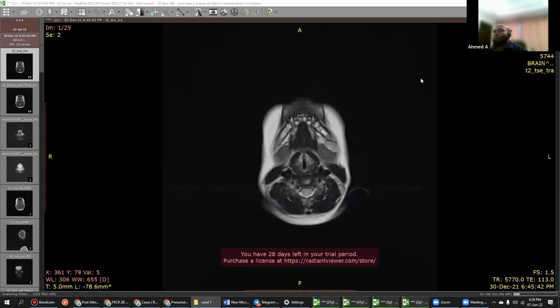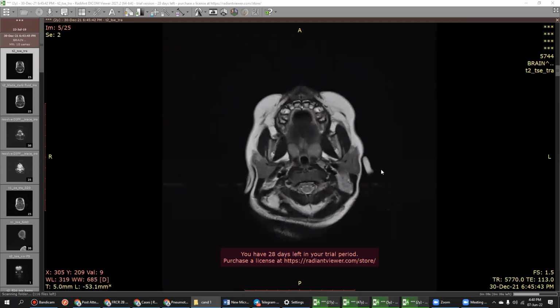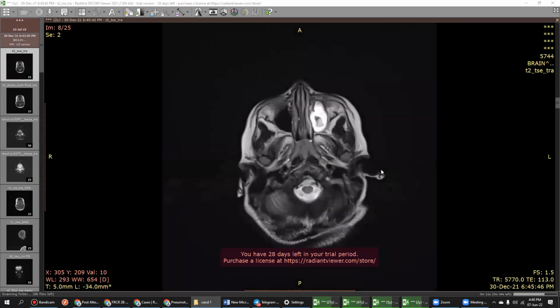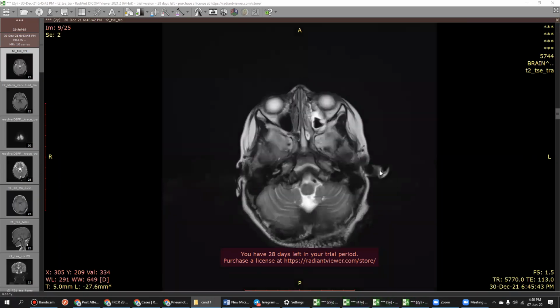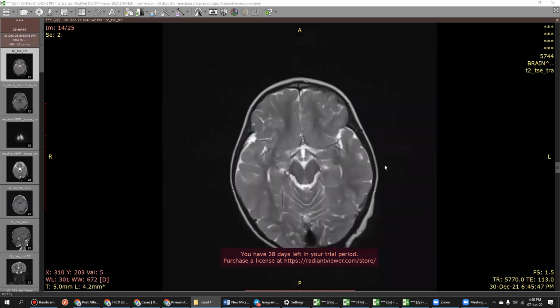And you can see another brain. Yeah, scroll through, please. Okay, I'm just scrolling through the T2 weighted images of the brain, axial.